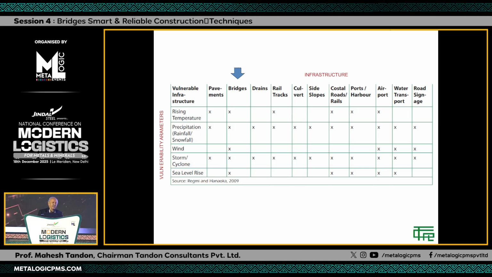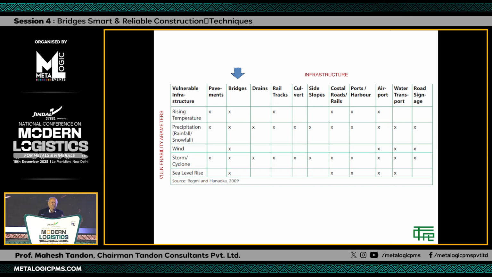If you look at all the vulnerability issues and you look at all the infrastructure types, at the top you can see the various types of infrastructure: pavements, bridges, drains, rail tracks, culverts, side slopes, coastal, ports, airport, etc. So these are all the types of possible infrastructure, and the vulnerability parameters are rising temperature, rainfall, wind, cyclone, etc. If you look under bridges, all these have been crossed.